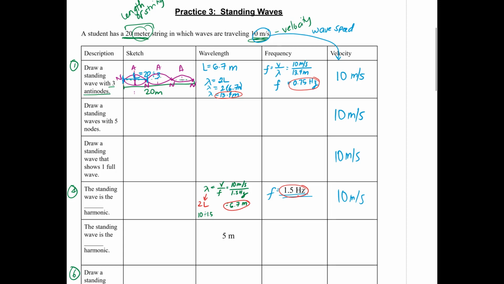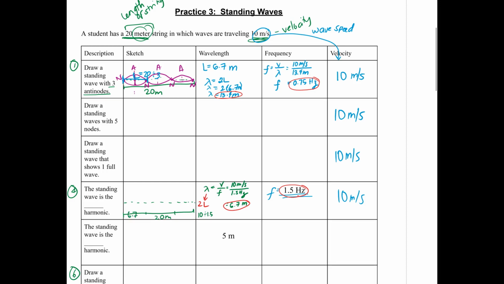So we have our initial line. Remember that that's 20 meters, and each wavelength is going to be 6.7 meters long.